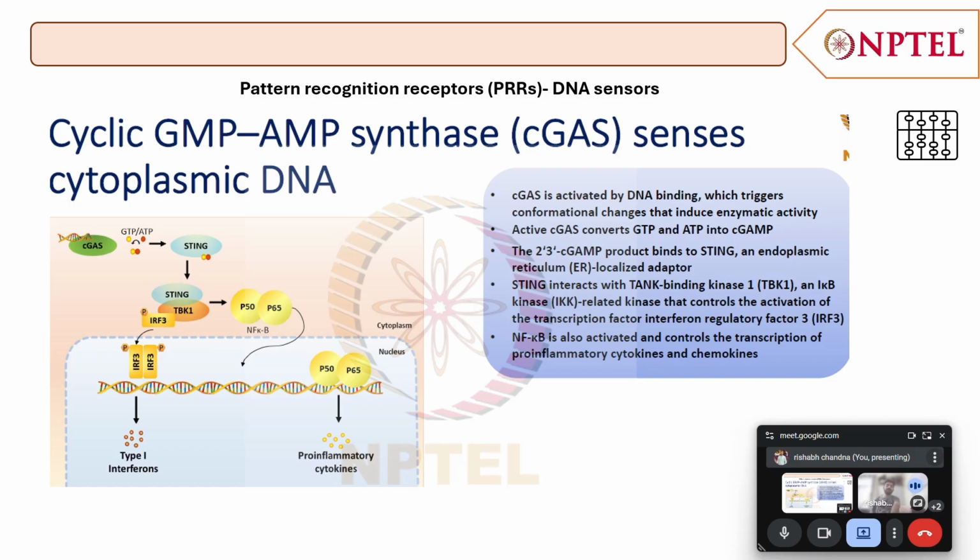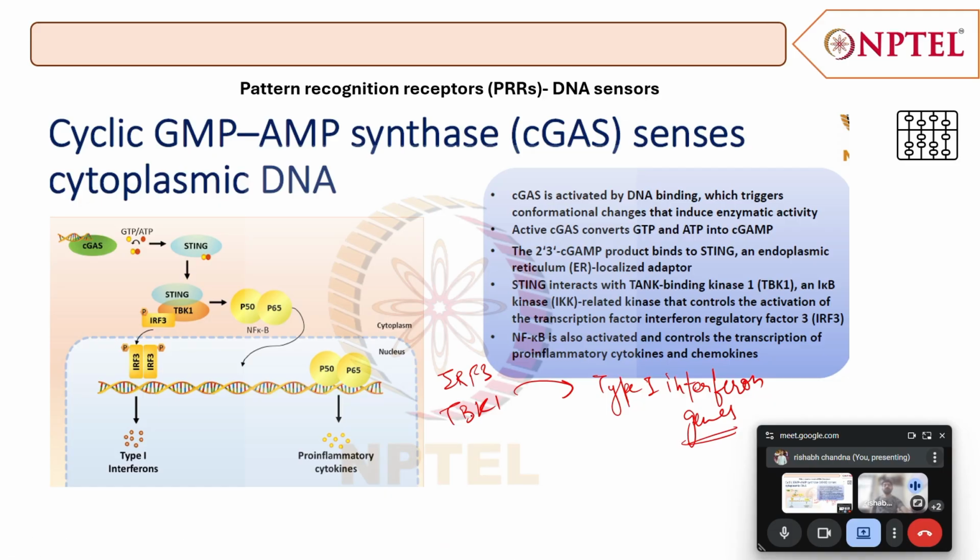I will not go into that much detail, but the major pathway is through IRF3 and TBK1, which activates the type 1 interferon genes.